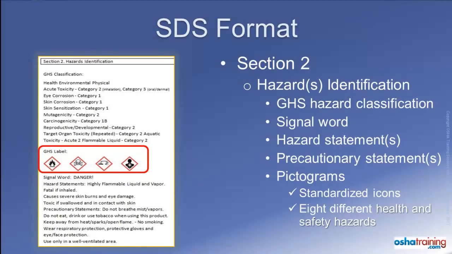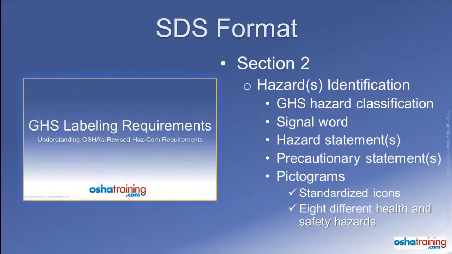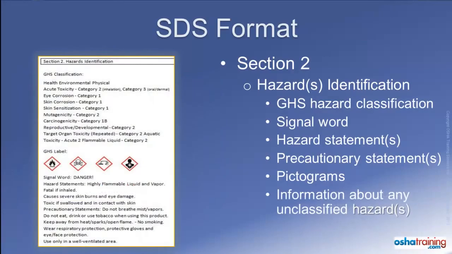A more detailed explanation of hazard statements, precautionary statements, and pictograms is provided on our online tutorial titled GHS Labeling Requirements, which is also available for free on our website. And last but not least, information about any unclassified hazards that are not covered in the GHS system, such as combustible dust, will be provided in this section.